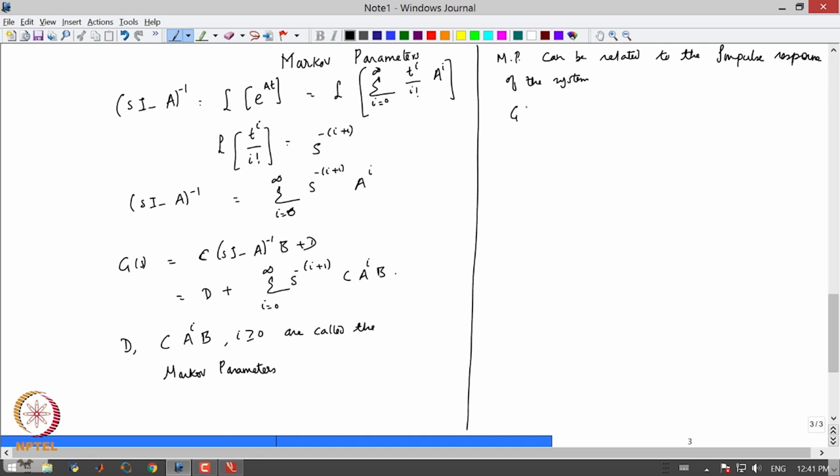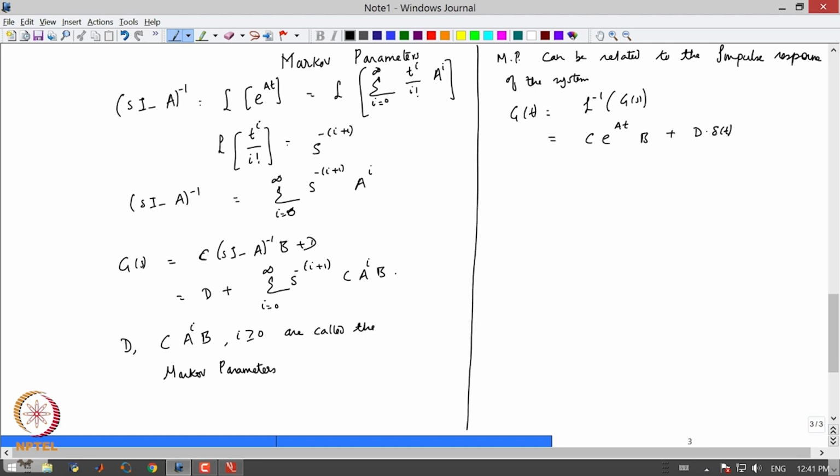Therefore, g(t) would be the inverse Laplace transform of G(s), and doing all the steps, what I get is the following: C e power At B plus D times the impulse function delta(t).